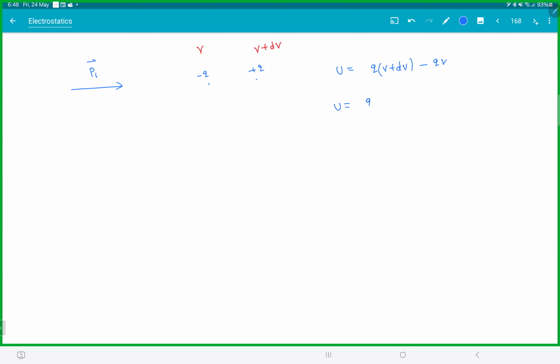So we get Q dV. So this would be Q dr times dV by dr. That Q dr becomes dipole P2. And we know the potential on the axial line is Kp cos theta by r square. Then differentiate dV by dr, minus 2Kp by r cube.